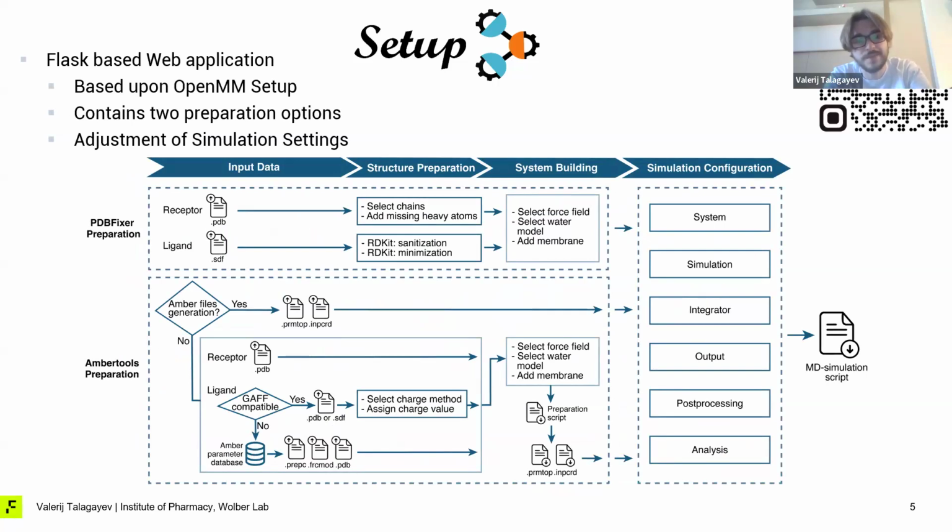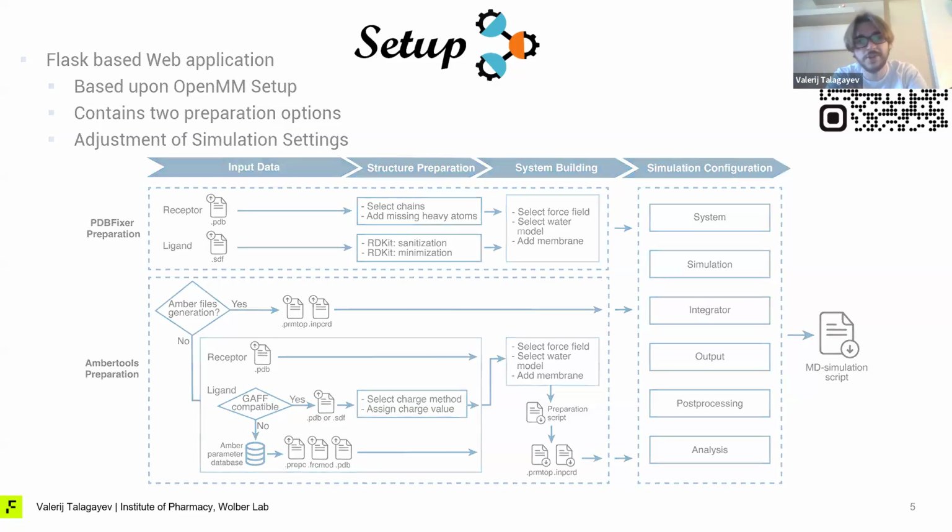The user can select whether to use the receptor and ligand with PDB and SDF files, or go directly to the Ember tools and modify them there. So if you have PDB files, you prepare them with PDB fixer, or you can convert them to the Ember files, which is also implemented directly in the OpenMMDL setup, and then directly have all of the necessary settings and files for your simulation.